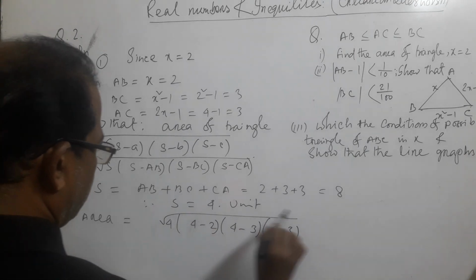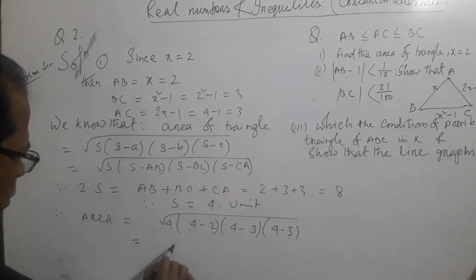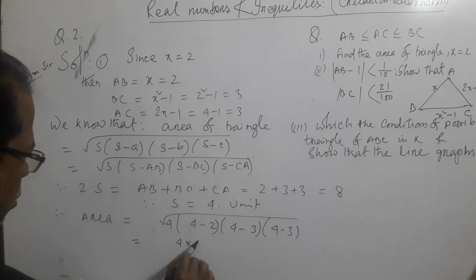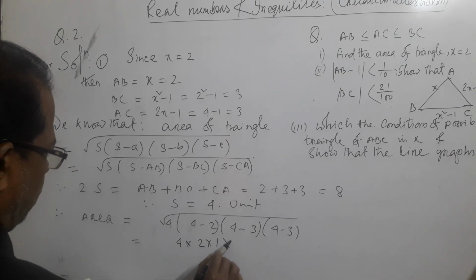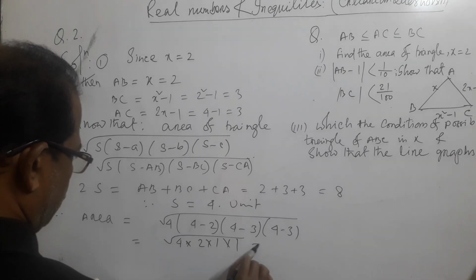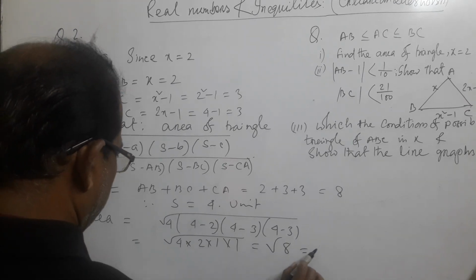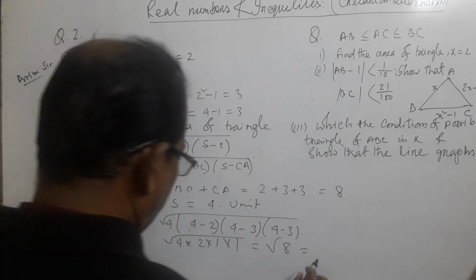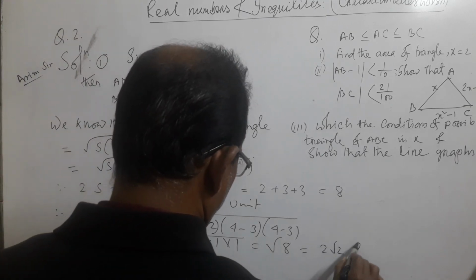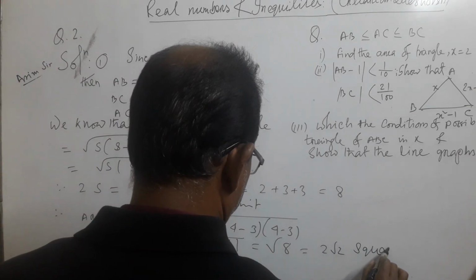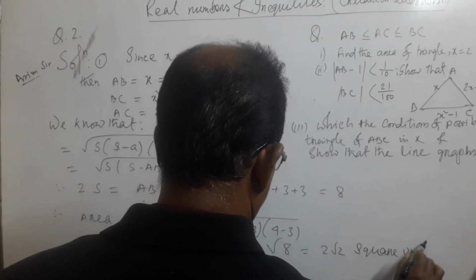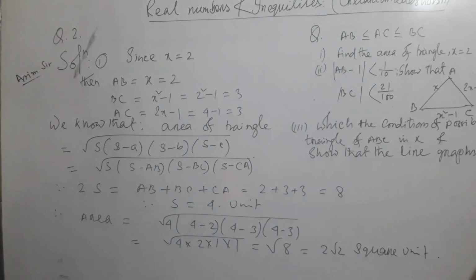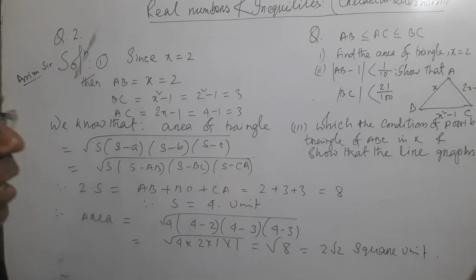So that's 4 into 2 into 1 into 1. That's why root 8 equals 2 root 2 square units. It is the easiest and simplest system.